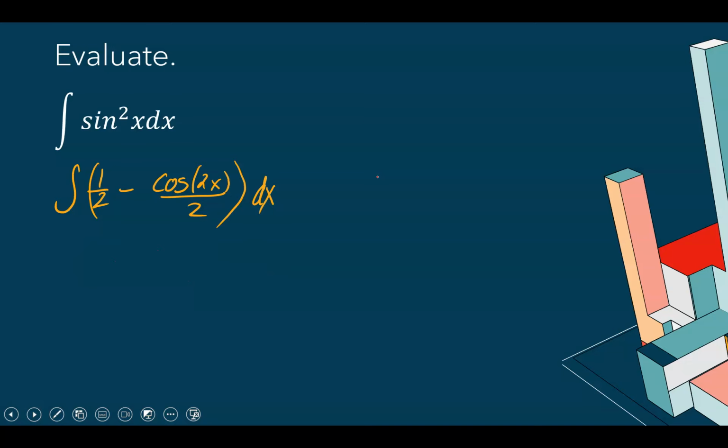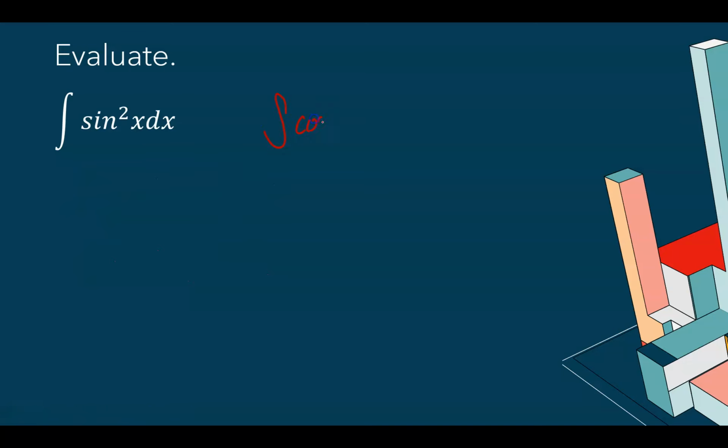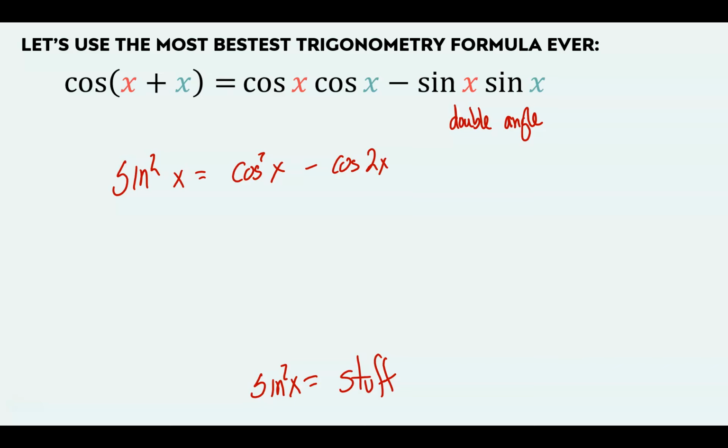The reason is that if we can't do the antiderivative of sine squared, we also can't do the antiderivative of cosine squared, because that's not identical. By now you should know derivatives and antiderivatives of sine and cosine are pretty much 99% the same; all we have to do is deal with that negative. So we don't want to do that.